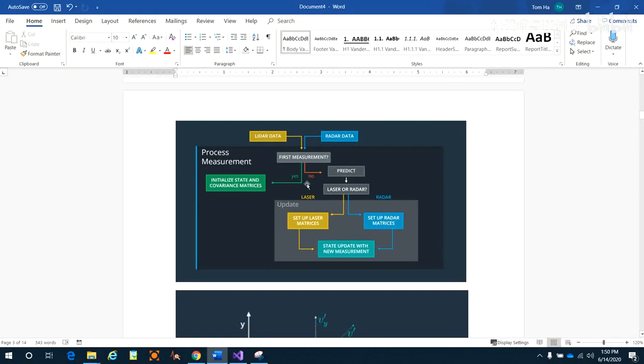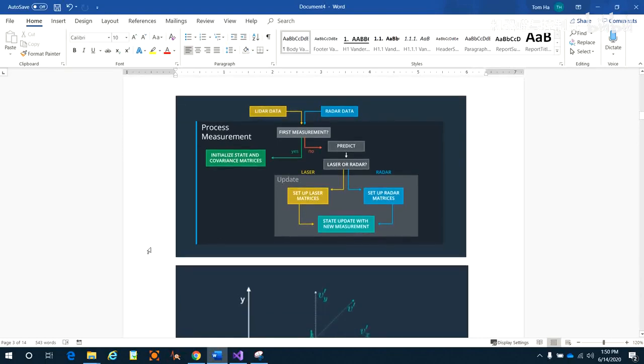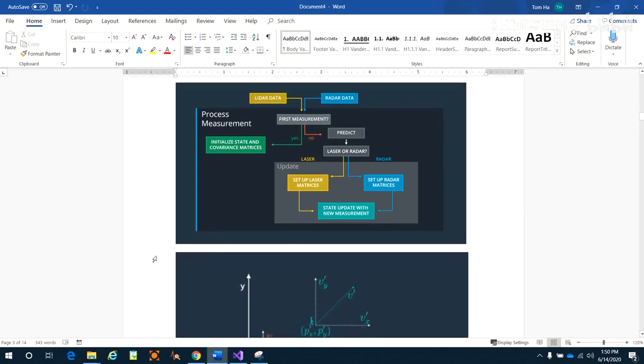They combine the data and apply the Kalman filter to get a good estimation of where the object is, maybe a pedestrian or another car. We will talk about this in the next video, because it's a real application for sensor fusion.